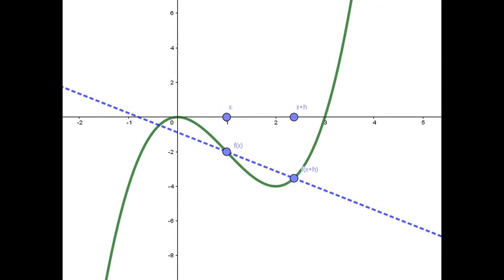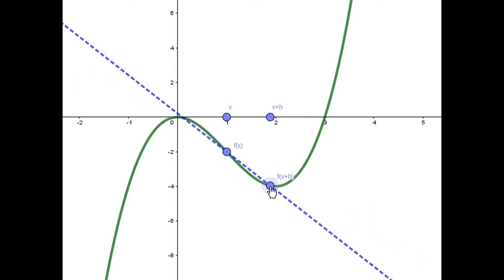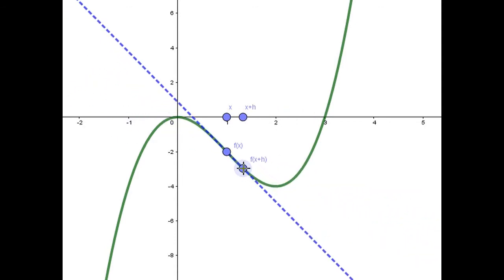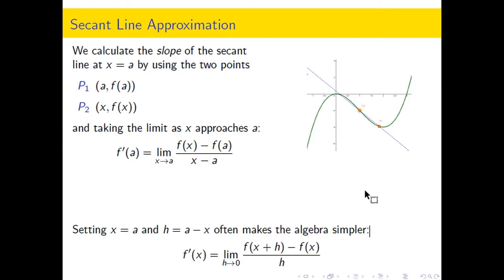And there should be one more here. There we go. So this is the same situation as before, except instead of having a here, we have x. Instead of having x here, we have x plus h. And now the function values are the same. We just have, in the numerator, f of x plus h minus f of x. And when we take x plus h minus x, we just get the h in the denominator. So as we take this limit as h goes to 0, the limit will give us the slope of this tangent line.